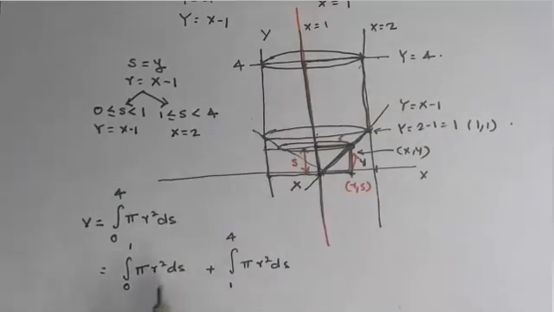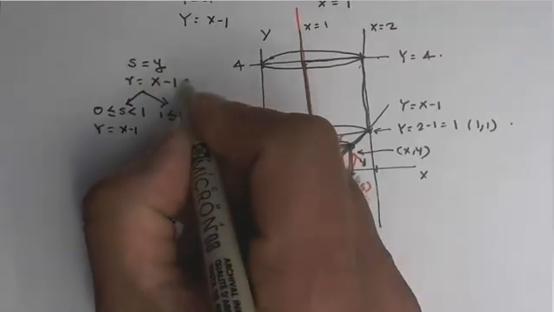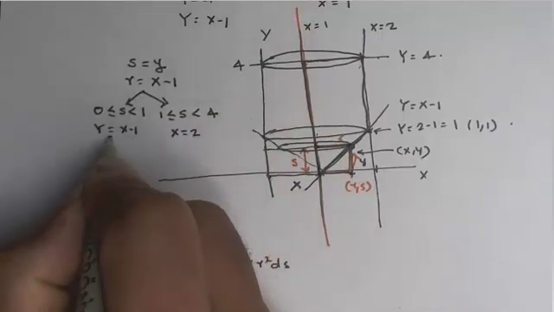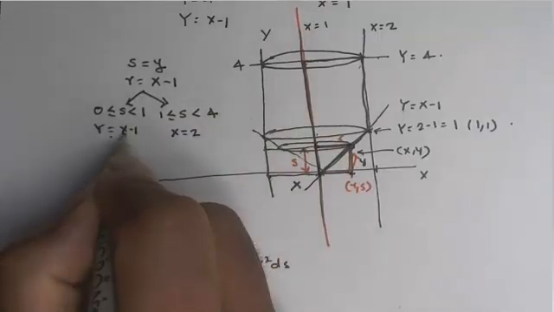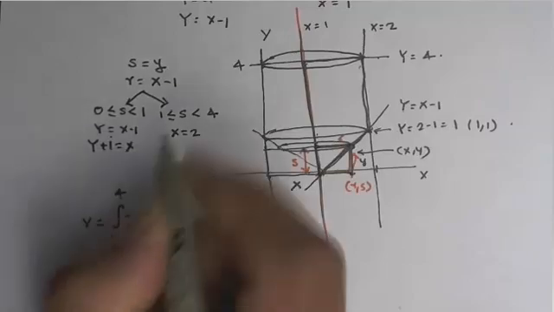Okay, so 0 to 1, I now have to deal with this. So let's see, r equals x minus 1, and in this case, if I move my 1 to the other side, I get y plus 1 equals x.